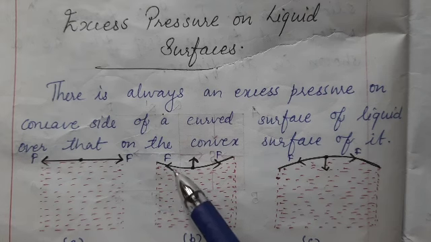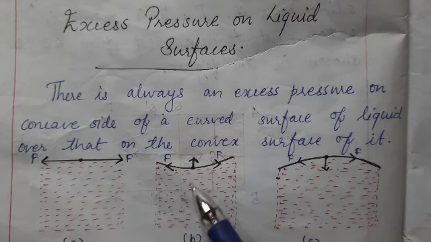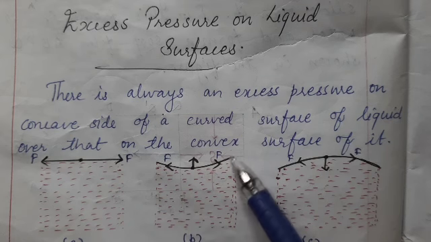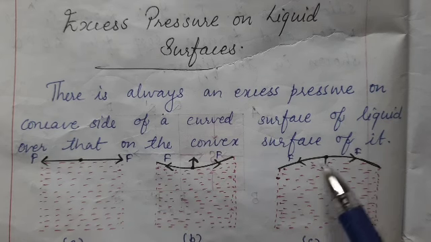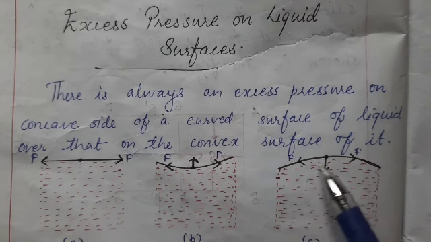But consider this kind of liquid surface. Water taken in a glass will have a concave shape. But if you have ever seen mercury taken in a glass tube, it will have a convex shape. The topmost layer of the liquid will be convex in nature.